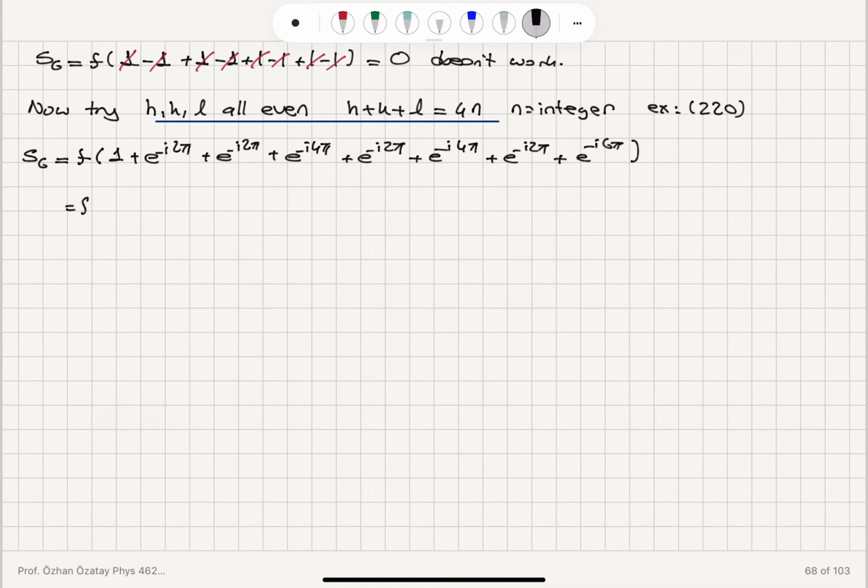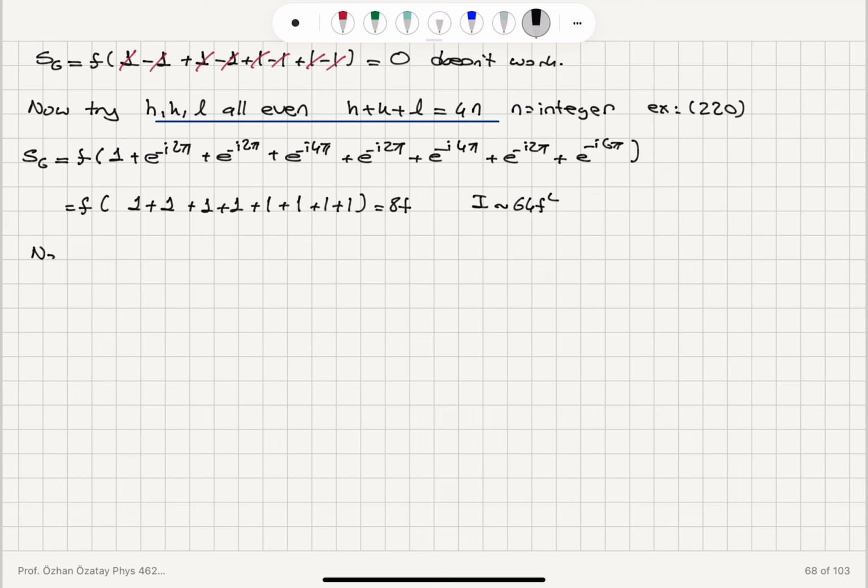And this corresponds to F times 1 plus 1 plus 1 plus 1 plus 1 plus 1, 1, 2, 3, 4, 5, 6, 7, 8. That is 8F. And the corresponding intensity is proportional to 64 F squared.